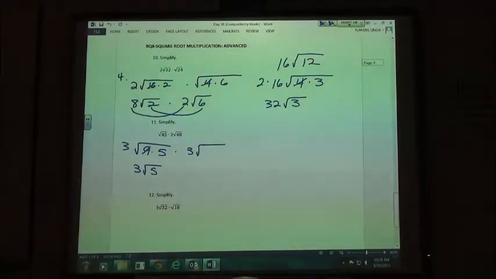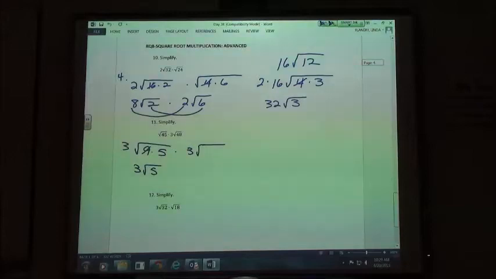Biggest perfect square that goes into 48. Nope, there's a bigger perfect square than 4. What one? 24 times 2.